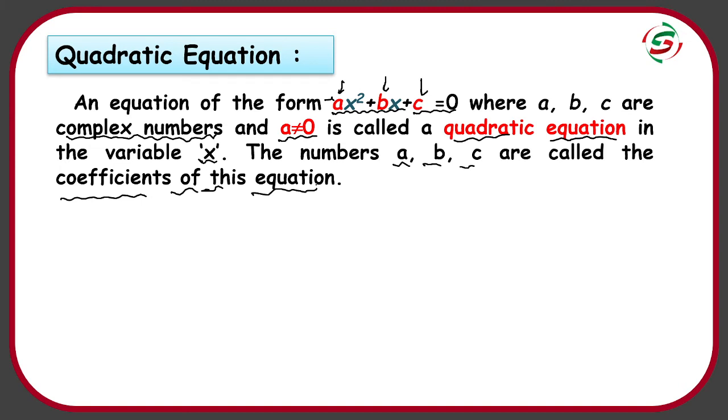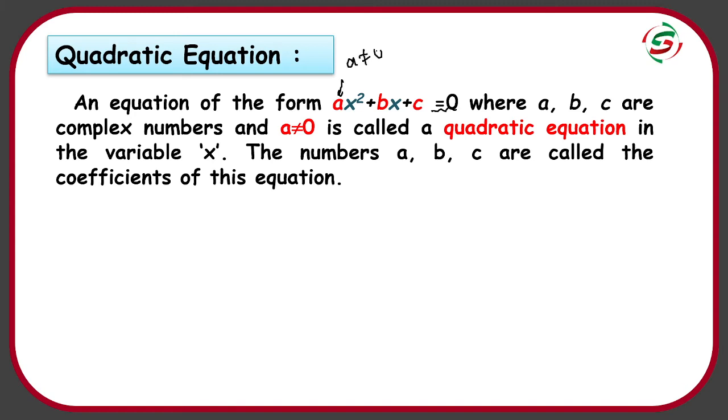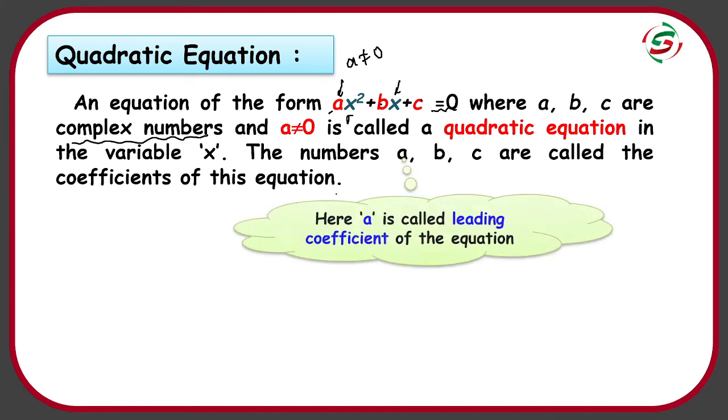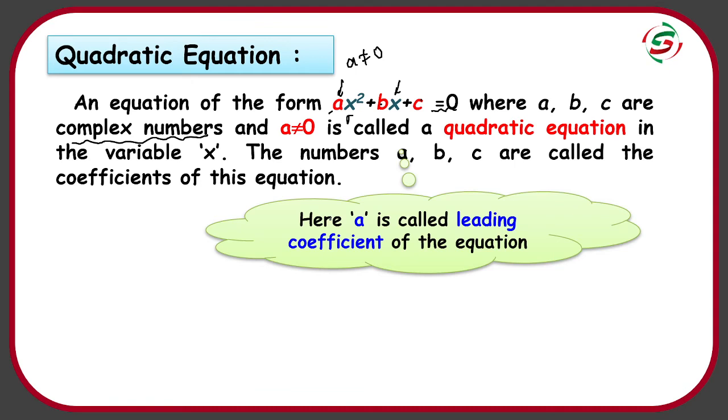So quadratic equation means it is in the form of ax square plus bx plus c equal to 0. a must not be equal to 0. x is the variable. a, b, c can be complex numbers or also real numbers, no problem. Here you can see a is the leading coefficient.